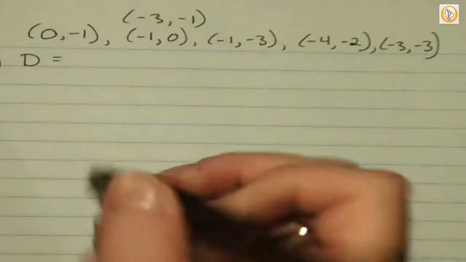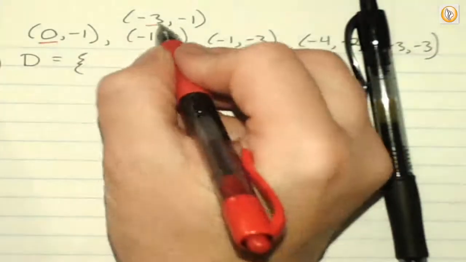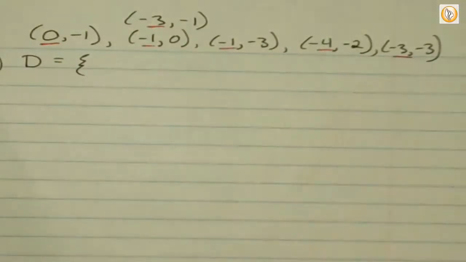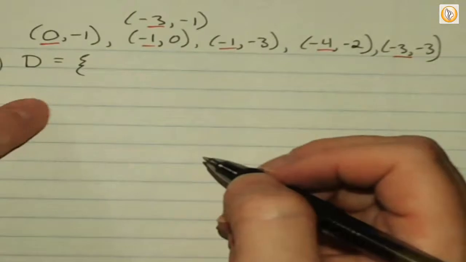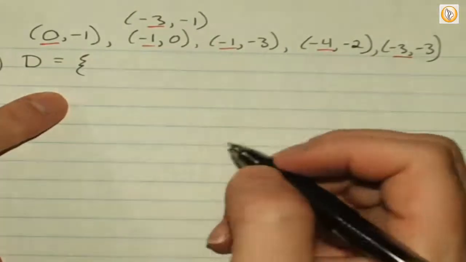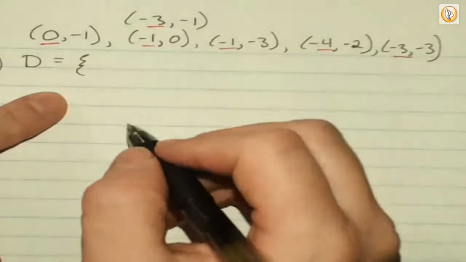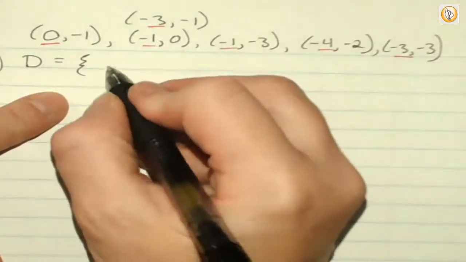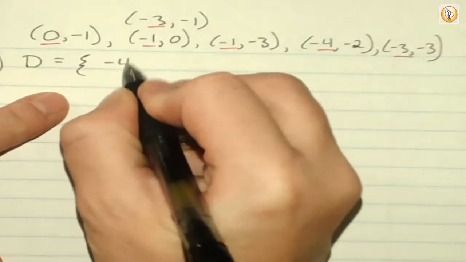Now we can write our domain. So remember, our domain is all the x, and we want to write it in order from least to greatest. So let's see, Michaela, how would I write my x's? And you don't have to do repeaters. So what would come first? Negative 4.